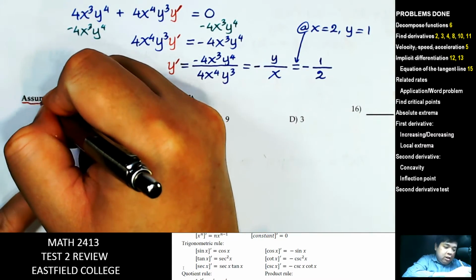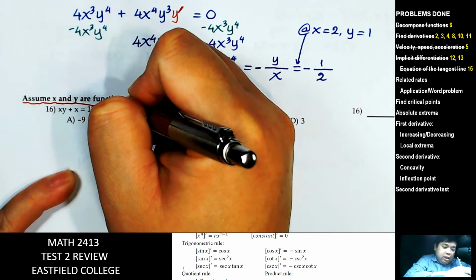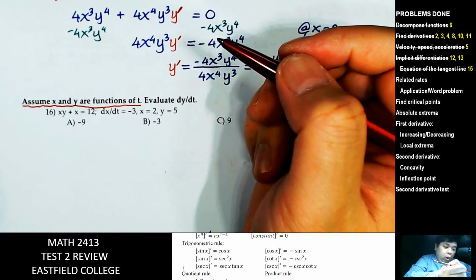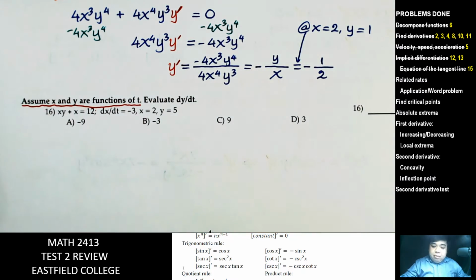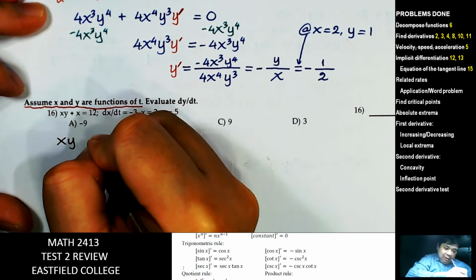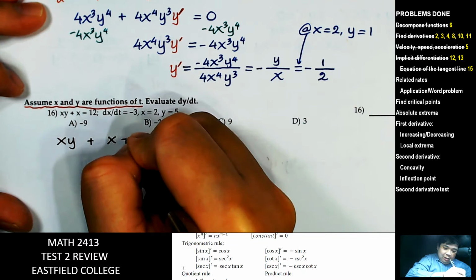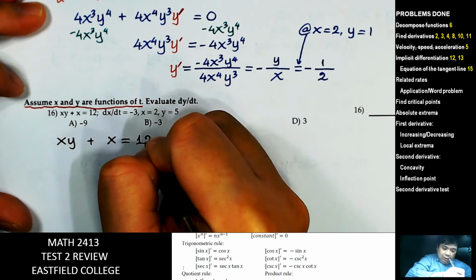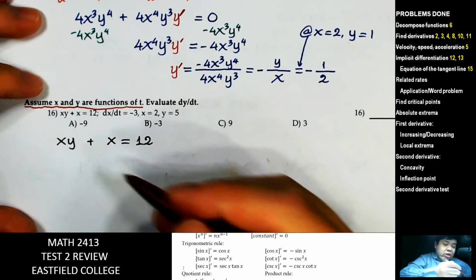Now we assume that both x and y are functions of t. So both of them require the chain rule. Let me rewrite the problem. Right, now we take the derivative.